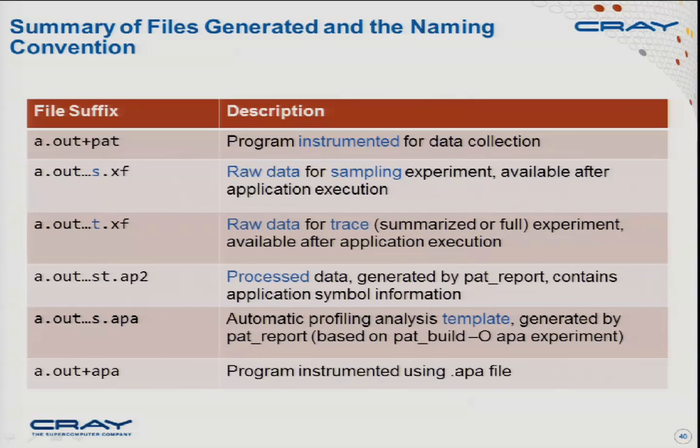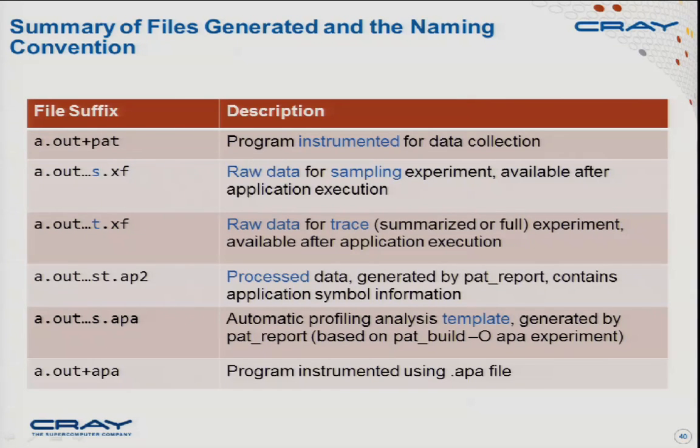All right. So this is a list of output files, basically. We start with this one here, which is produced when you run pat_build. Then this is the output of pat_report. This output here is for sampling, and this one is for tracing. Then you have this output here when you are running pat_report, and the APA file, of course, is also an output.